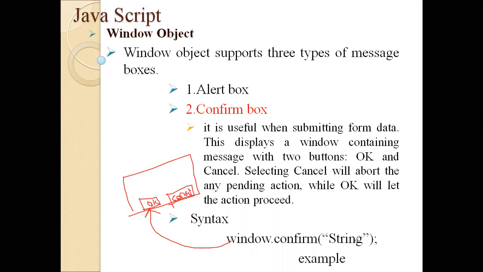And there we have some message called a string. That string will be displayed here. So if you replace the string with any other text, that particular text will be displayed over the confirm box. So this will be the expected output of this particular line of JavaScript code.